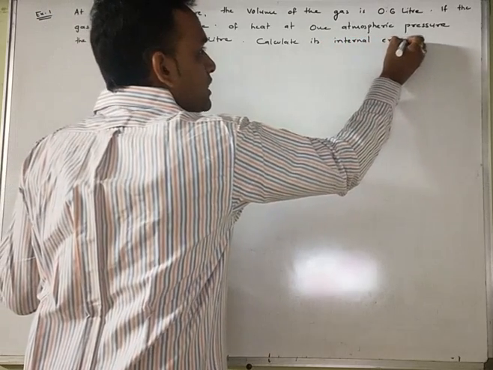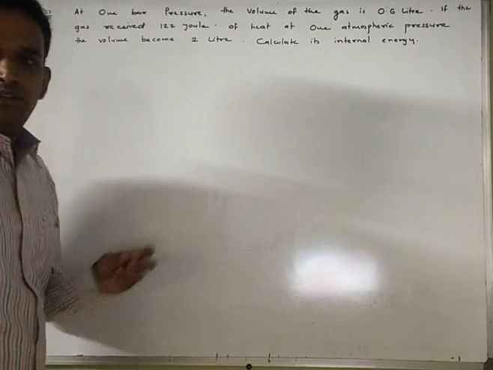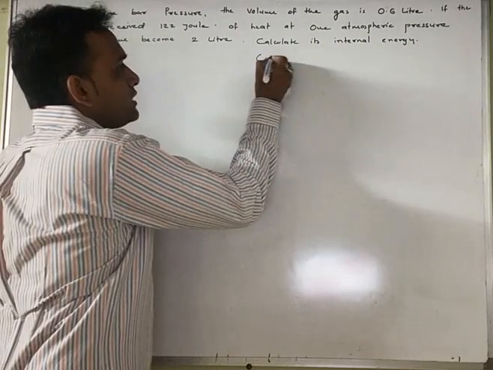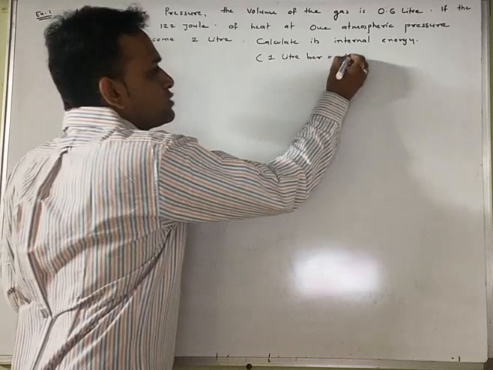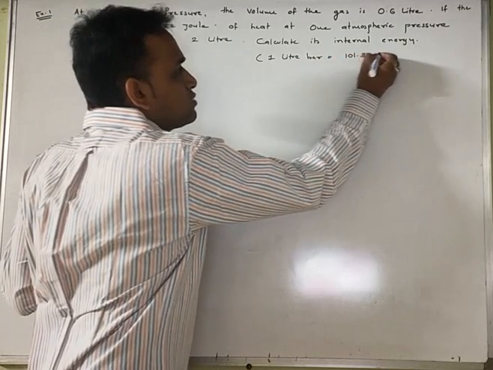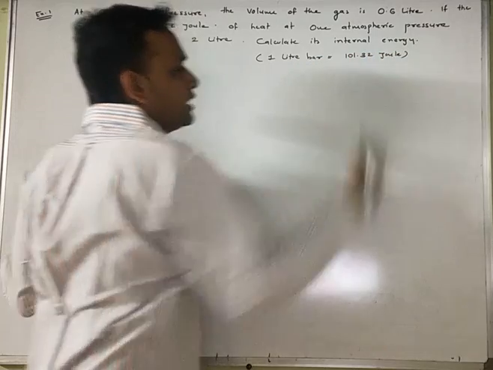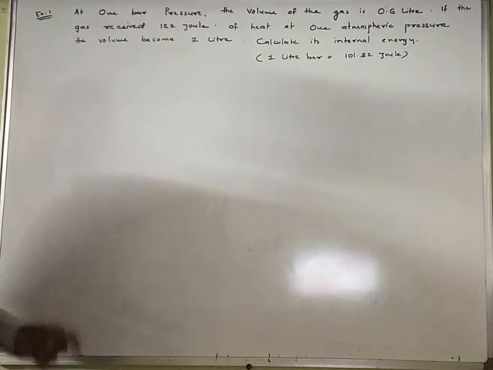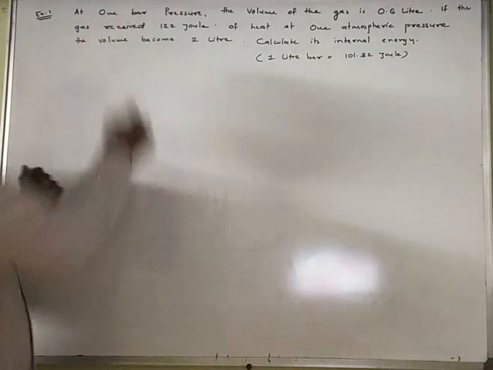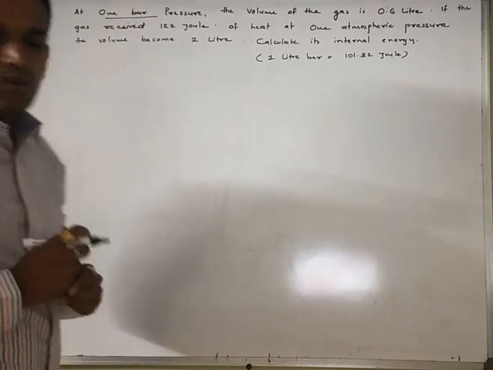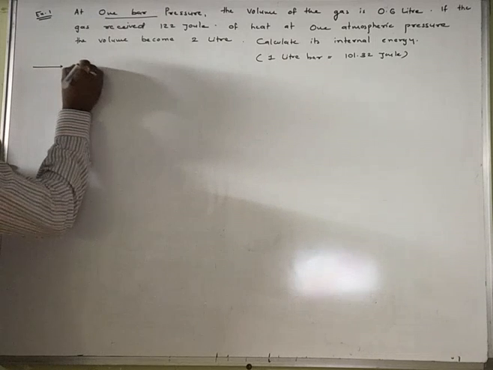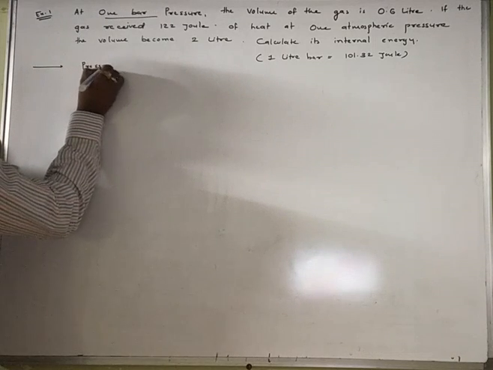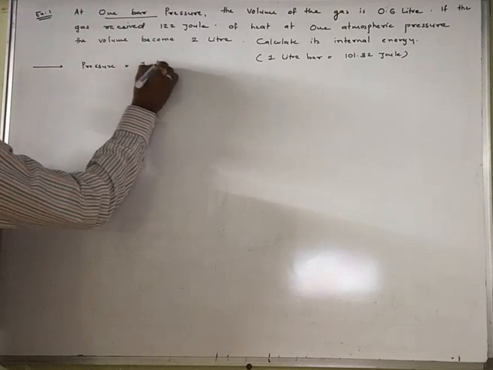Now, first of all, the relation will be given that 1 liter bar equals 101.32 joule. The pressure is 1 bar, so the initial pressure P equals 1 bar.